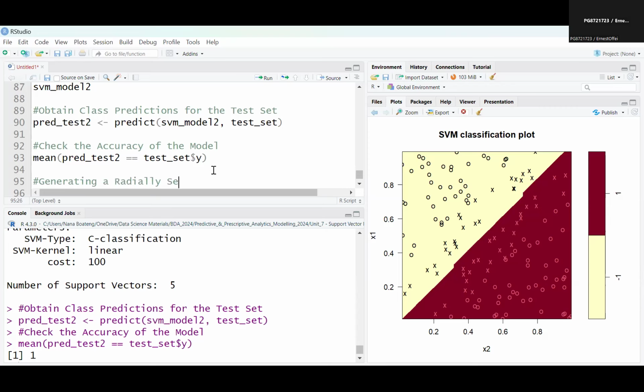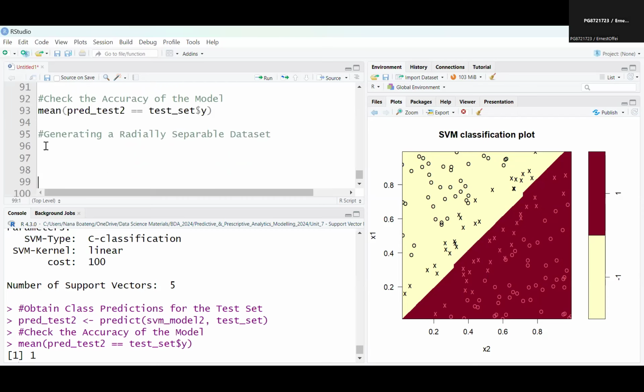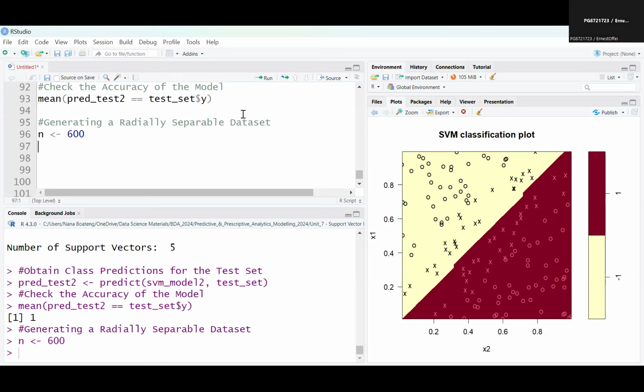Radially separable cases. So let's generate it. We are generating it ourselves. So let's set n to be, let's say, 600. So let's have another data set called df3.